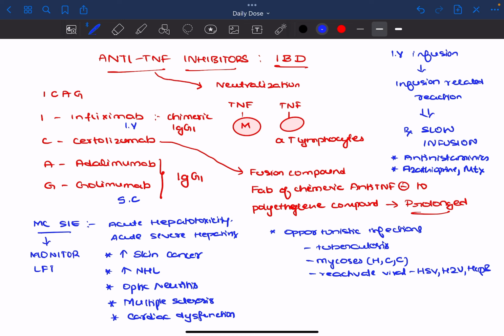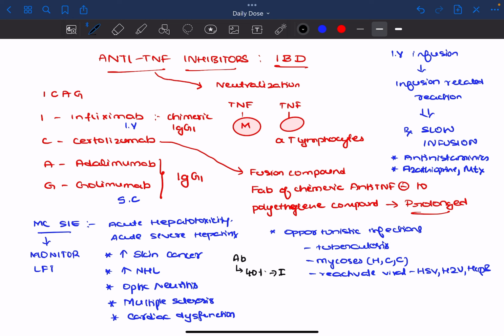So apart from that, one should remember that there will be formation of antibodies against these anti-TNF inhibitors. There is a high risk, a 40% chance, of developing antibodies with infliximab.